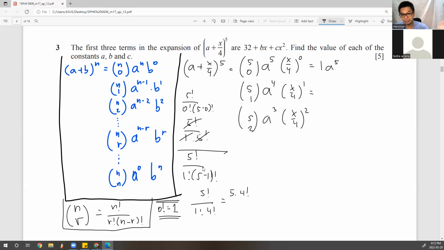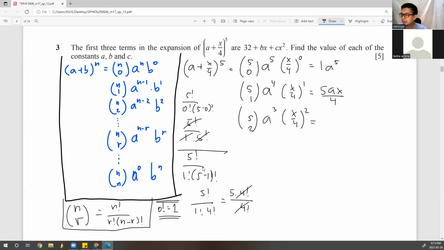You don't have to write 5, 4, 3, 2, 1, because this is 4 factorial also. Why do I ignore the 1? Because everything divided by 1 is itself, everything multiplied by 1 is itself, so the 1 can be ignored. Write down 5a times x over 4, right? I just combined the numbers.